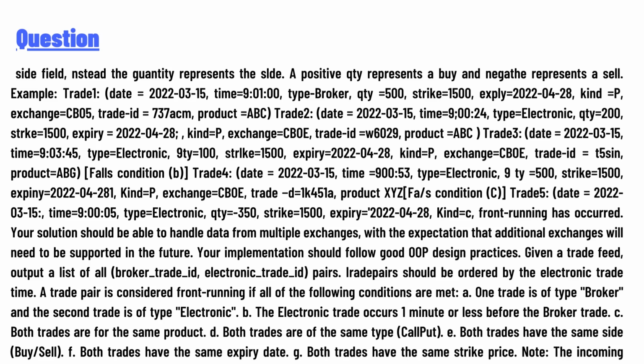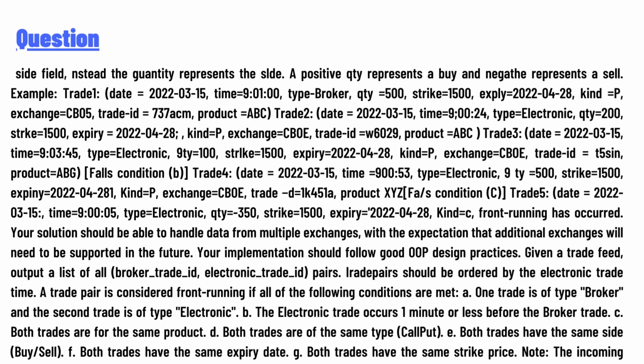False, condition B. Trade 4: date 2022-03-15, time 9:53, type electronic, quantity 500, strike 1500, expiry 2022-04-28, kind P, exchange CBOE, trade ID K451A, product XYZ. False, condition C. Trade 5: date equal to 2022-03-15, time 9:55, type electronic, quantity 350, strike equal to 1500, expiry 2022-04-20.